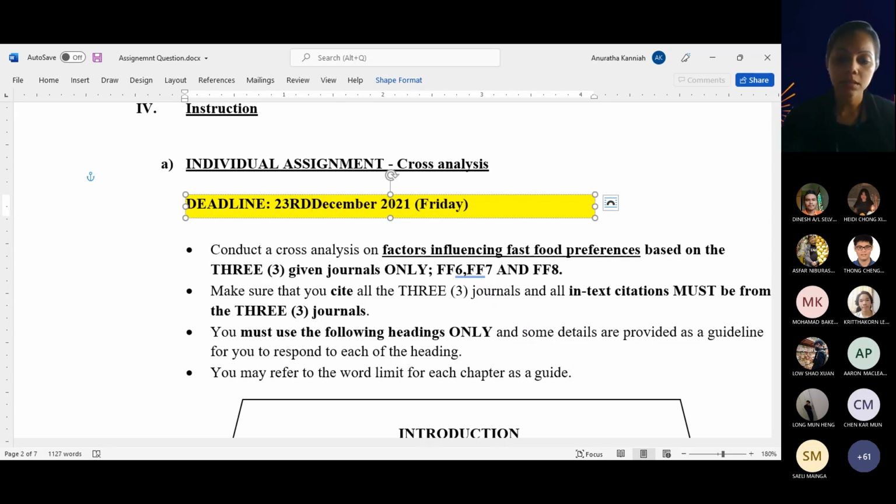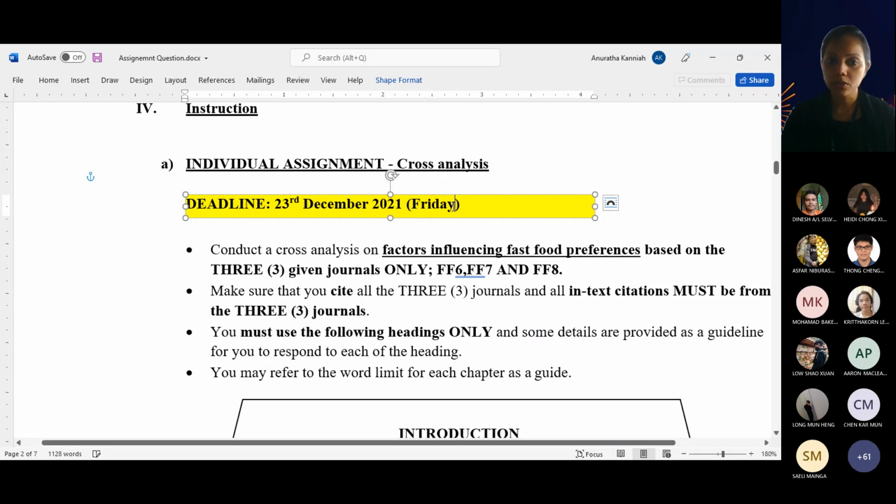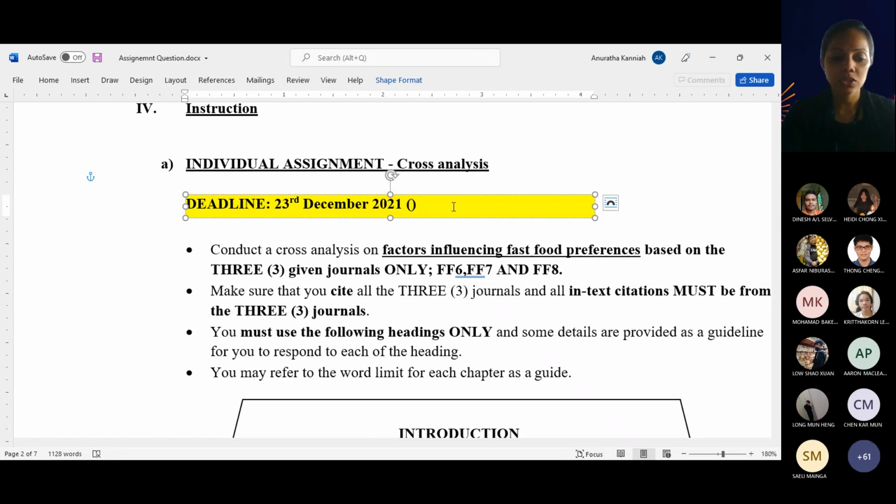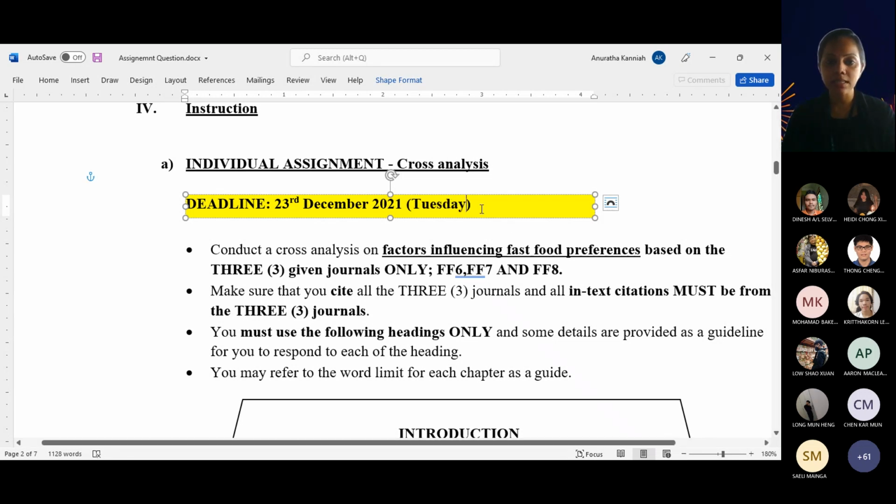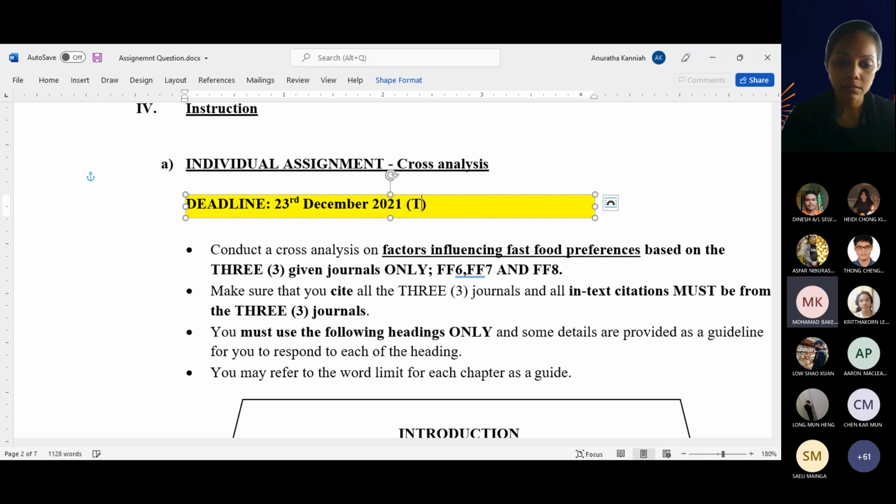The 23rd, is it a Tuesday? Can somebody please help me confirm this? No, miss, the 23rd is a Thursday. Oh, really? Thursday? The 23rd of December.